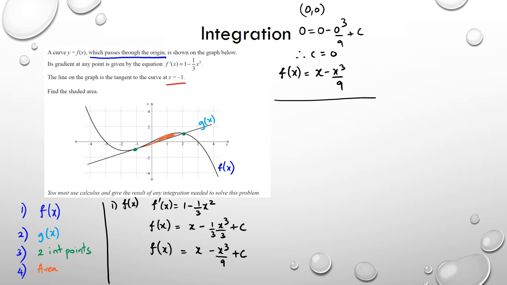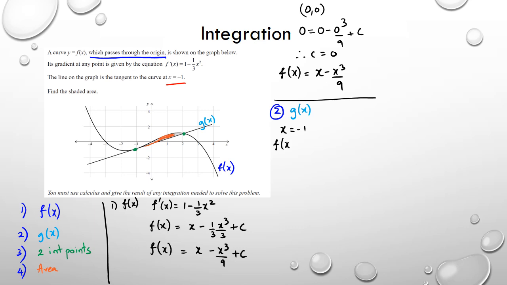They said x equals -1. So I'm now doing the second part, working out g of x. I know that x at that point is equal to -1. I need the y value and a gradient to construct an equation, so I'm going to work out the y value.